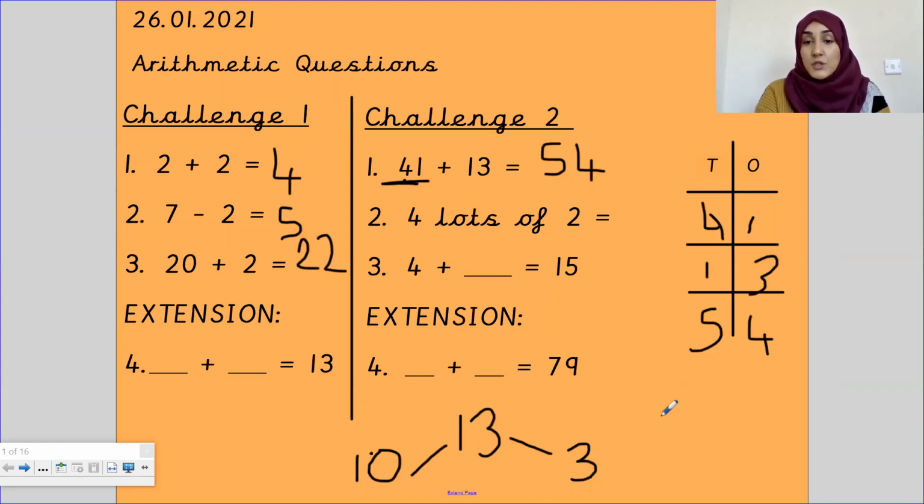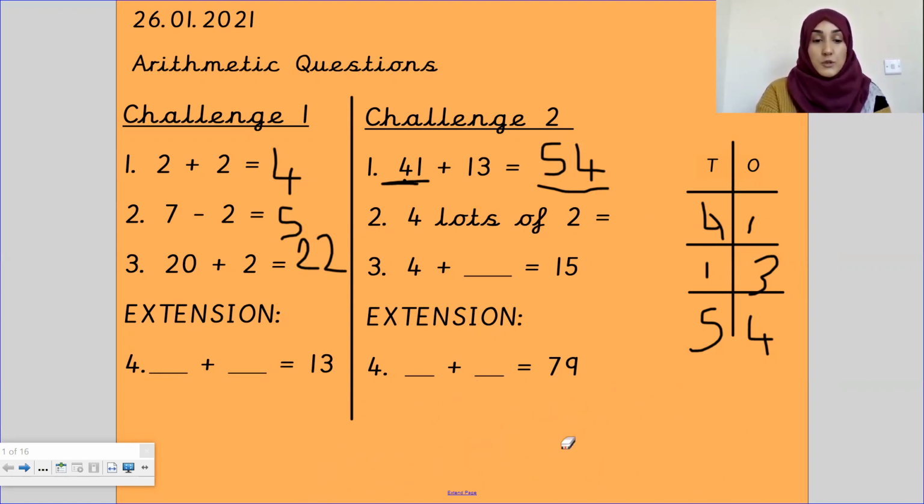So 10 add 41 equals 51. Now I'm going to add this 3 onto 51. So 51, 52, 53, 54. So 51 add 3 equals 54, which gives us the same answer. So there are 2 ways that you can complete this question, whichever one you feel is easier for you.